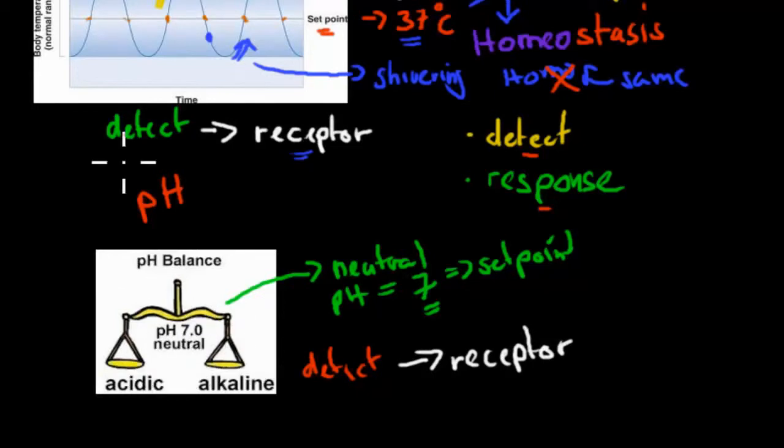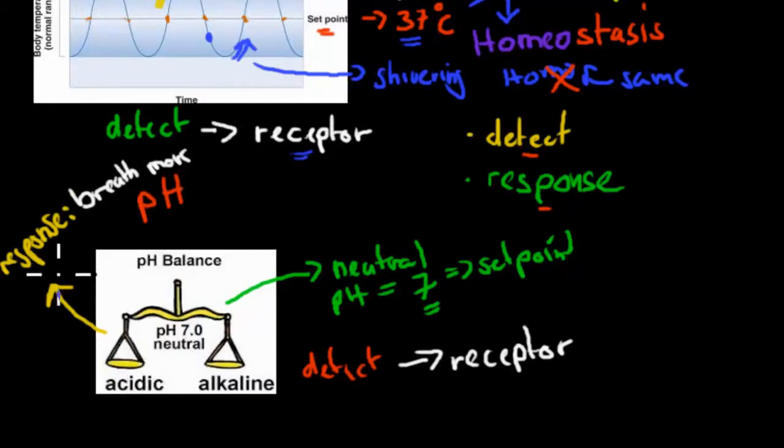But if it's too acidic, so if the pH is too low, the response would be to actually breathe more. We breathe out carbon dioxide, and breathing out carbon dioxide decreases our acidity. So if we have too low pH, our response would be to breathe more, which brings it back up.